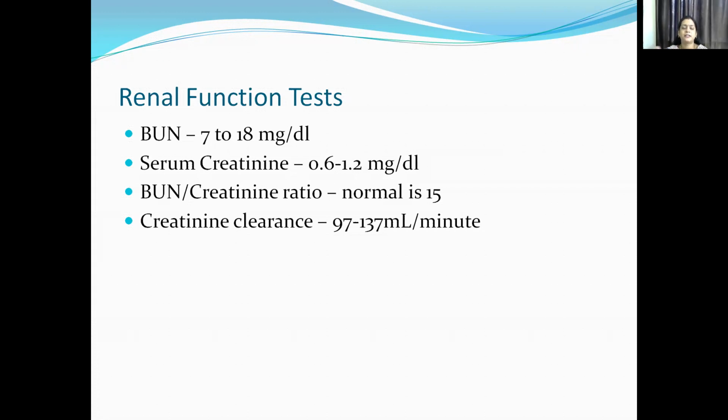That is, the filtration rate or the clearance capacity of people more than 50 years of age is getting reduced annually by 1 ml per minute. This creatinine clearance can be calculated by taking the urinary creatinine and the plasma creatinine, and because of that we get to know about the creatinine clearance rate.